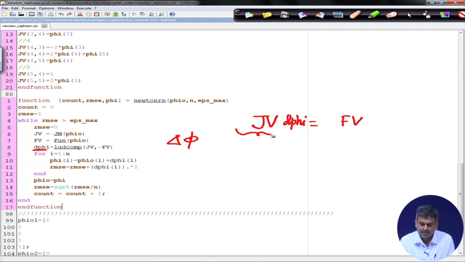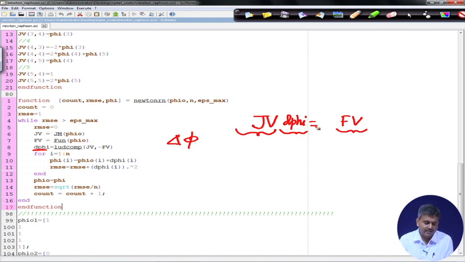Now, this is a matrix, this is a column vector, this is a column vector. Essentially, JV is with constant coefficients for a particular value of phi, and FV is again a constant value, and del phi or d phi is your variable vector.